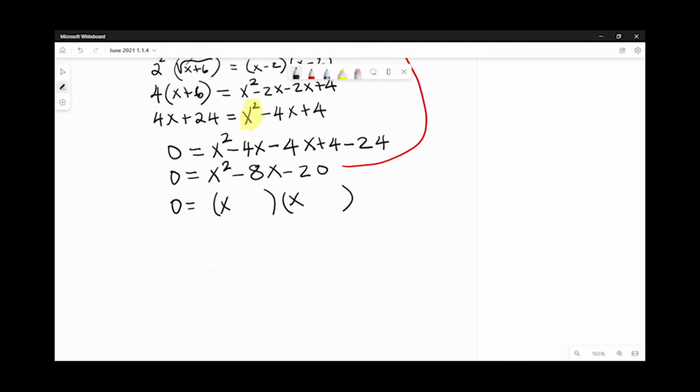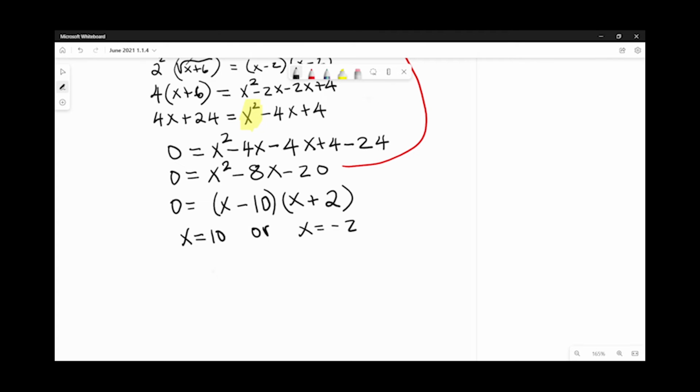Those two numbers are 6 and 2. No, those numbers are 10 and 2. Yeah, 10 and 2. 10 times 2 is 20, and then minus 10 plus 2 is going to give us minus 8. Perfect. So x equals 10 or x equals minus 2.